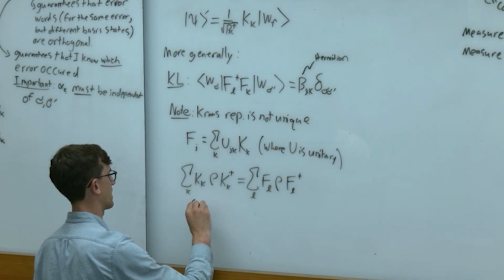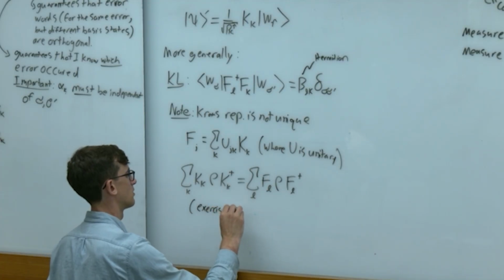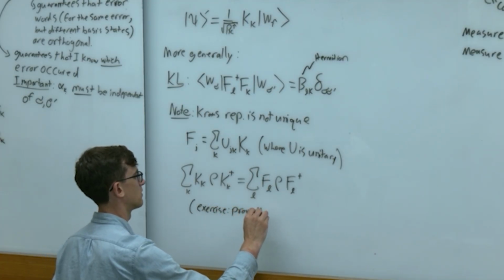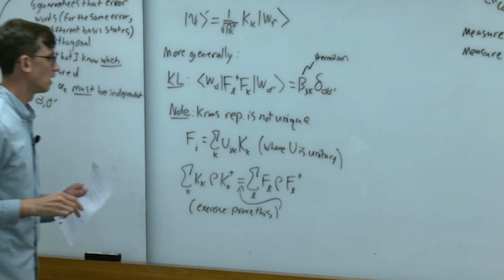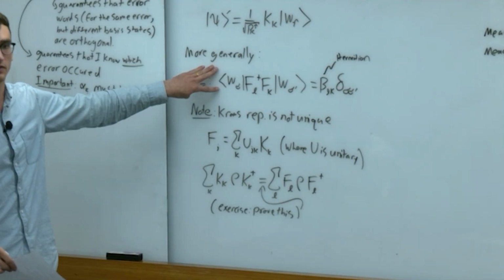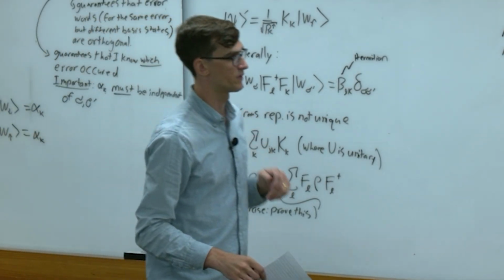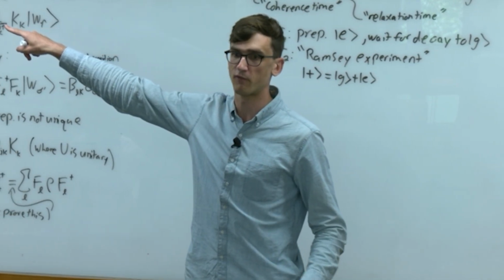And this is a nice exercise: prove this equality here. What this means is that I can take this more general form of the Knill-Laflamme conditions, and I'm guaranteed that I can put it in the simpler form.